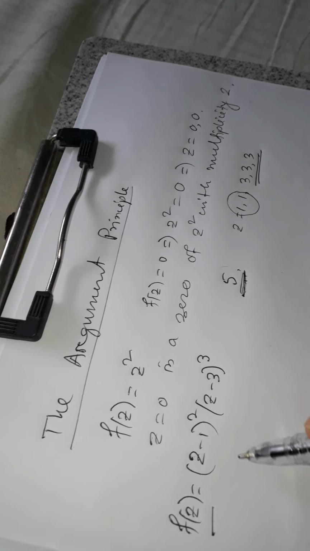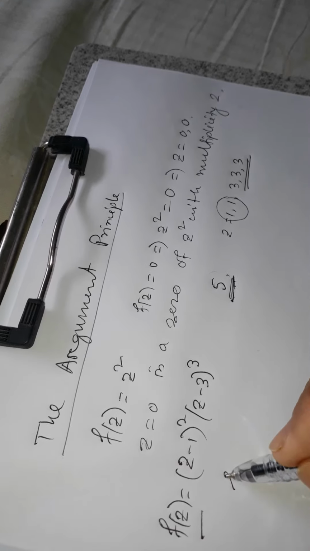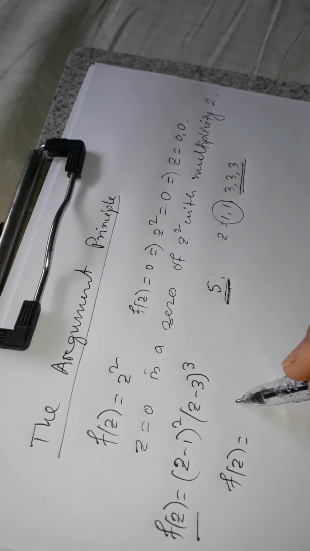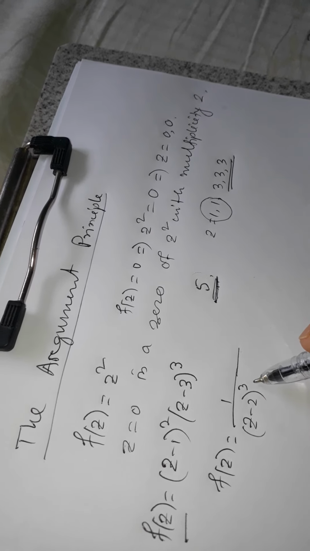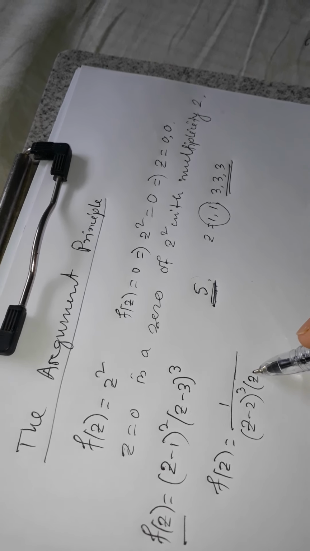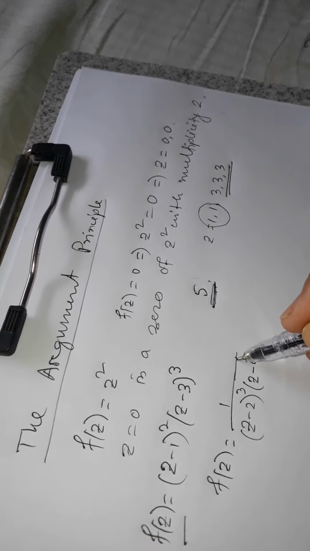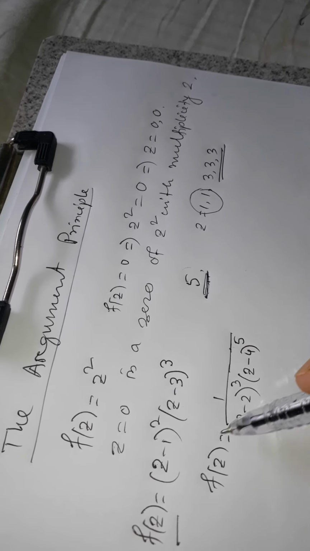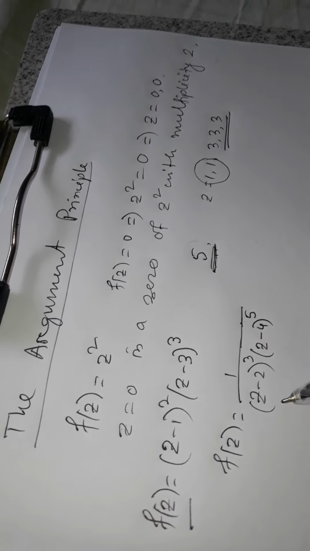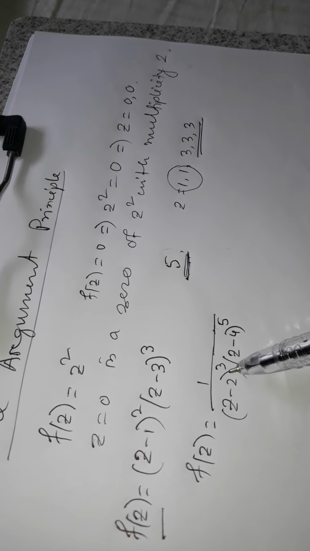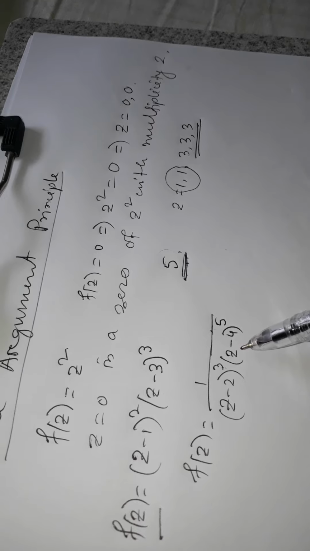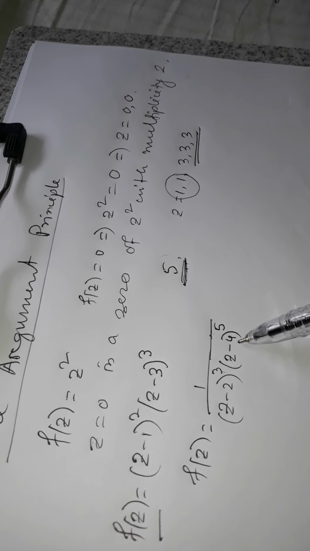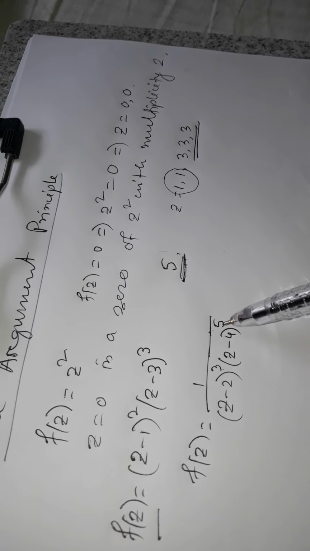Similarly, the same case holds for poles. For example, f(z) equal to say 1 by (z minus 2) whole cubed and (z minus 4) to the power say 5. Then you notice that this function has a pole at z equal to 2 of order 3, and a pole at z equal to 4 with order 5.